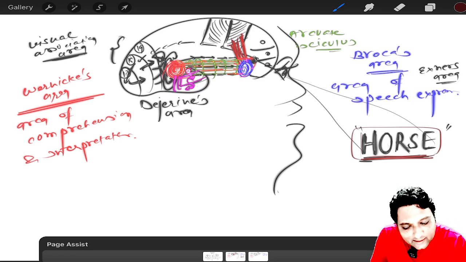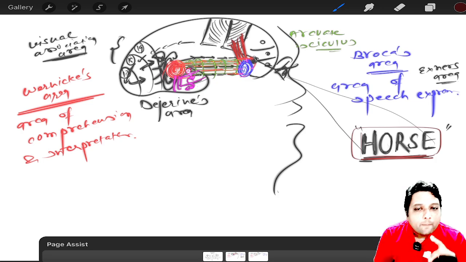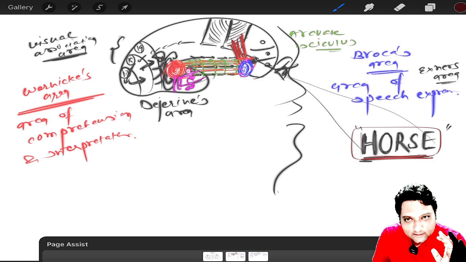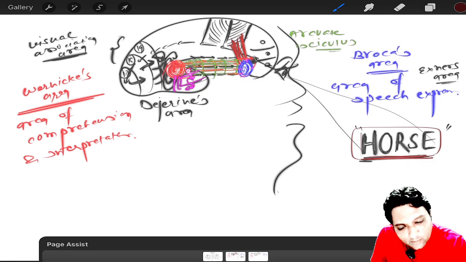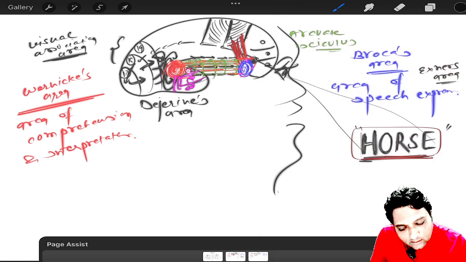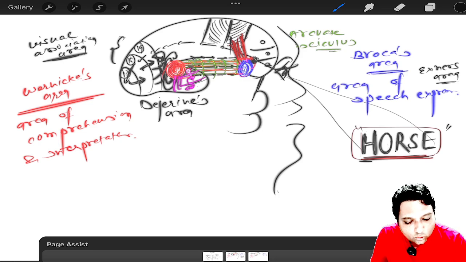And Broca's area and Exner's area through projection connect to the premotor, primary motor and supplementary motor cortex. And from primary and premotor cortex and supplementary motor cortex, fibers go down.